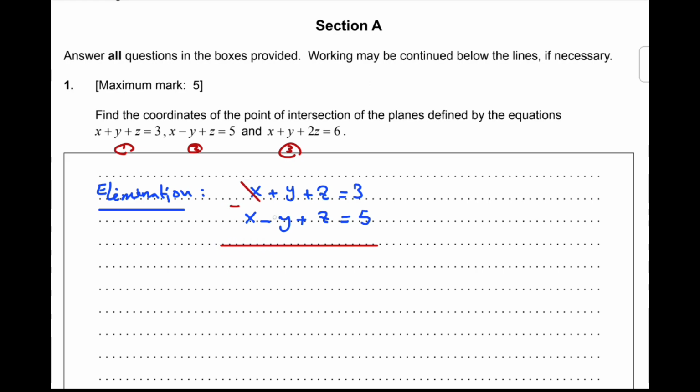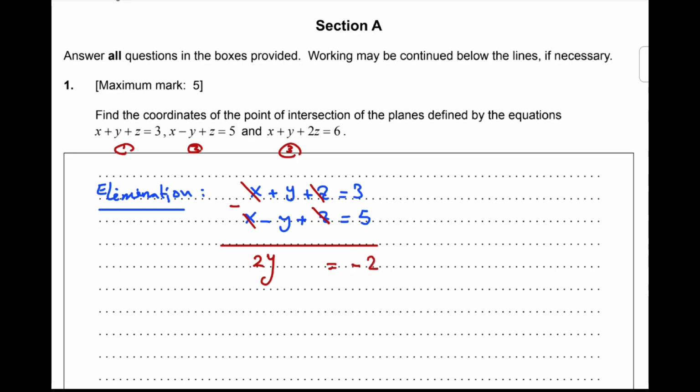So we have x minus x is 0, and then y minus y, it's just y plus y, which is 2y. And then z minus z is just 0. Equality goes down the same, and 3 minus 5 is minus 2.